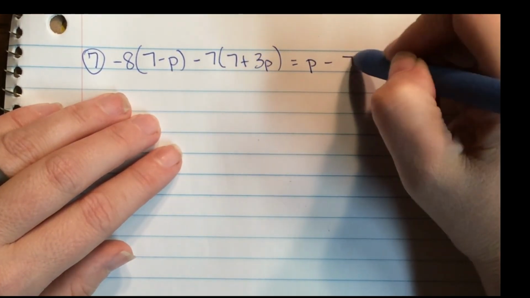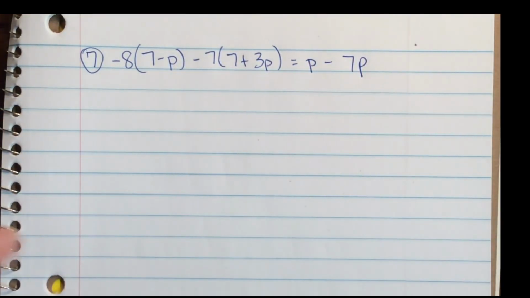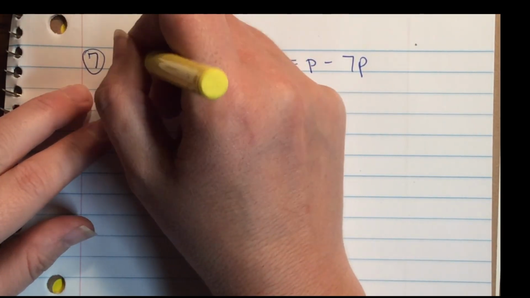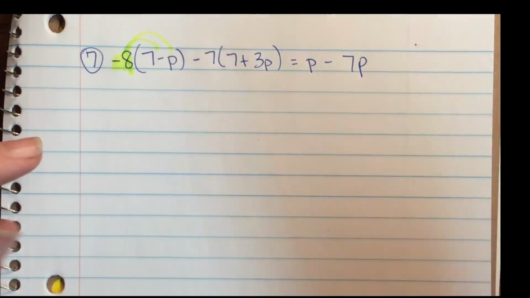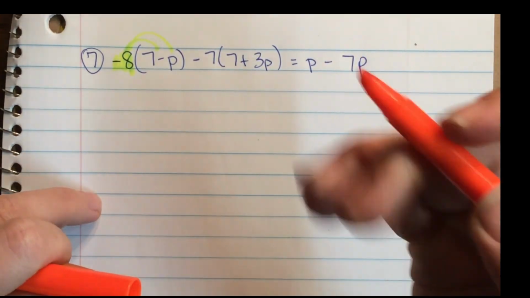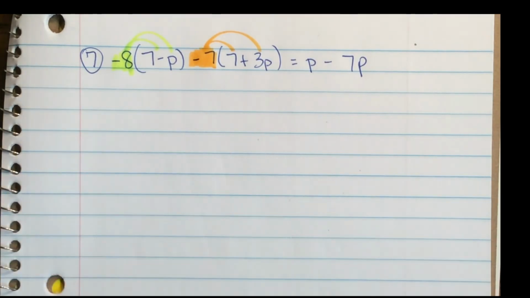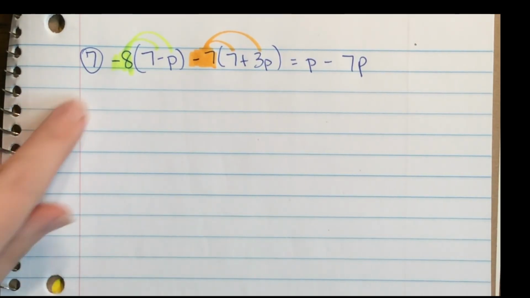Oh, this one's actually a little bit more complicated, so that's good. All right, so we're going to distribute the negative 8, and we're going to distribute the negative 7. So let's do that first.